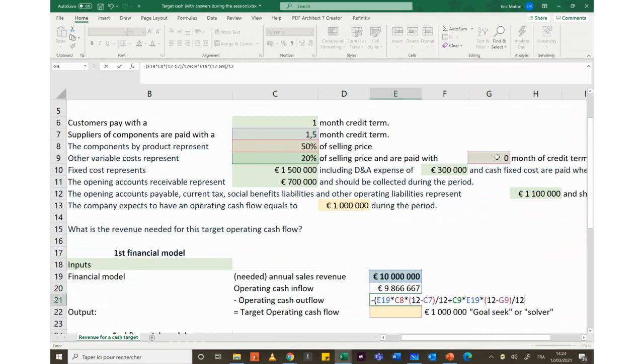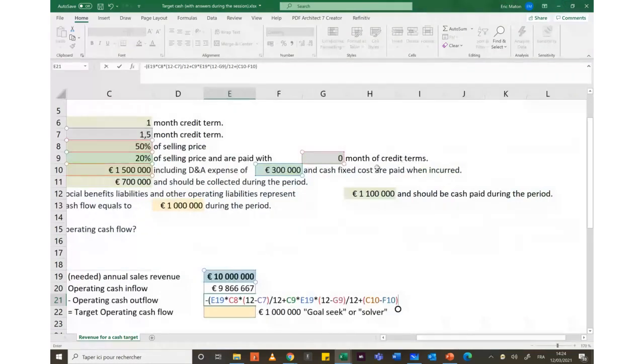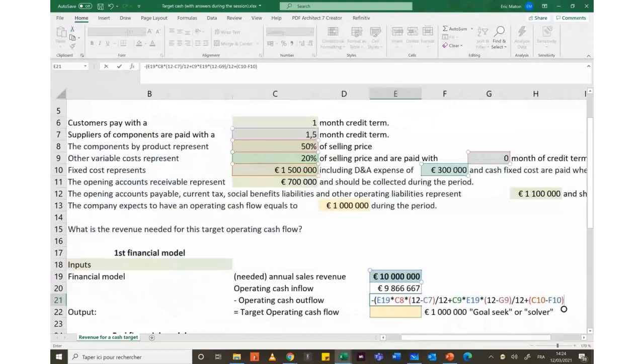The cash fixed cost is the fixed cost excluding the D&A, because I don't pay the D&A. And the rest is supposed to be cash paid. Cash fixed costs are paid when incurred, so I don't need the credit terms here. And the rest of the cash outflow is the opening accounts payable, current tax, social benefit liabilities, and other operating liabilities I will have to pay during the period.